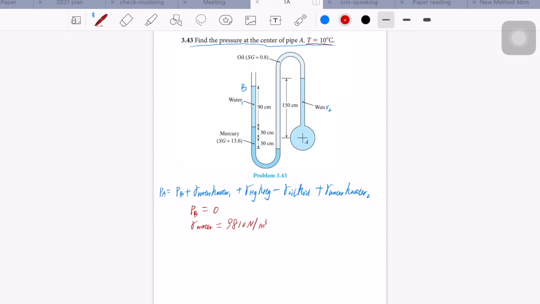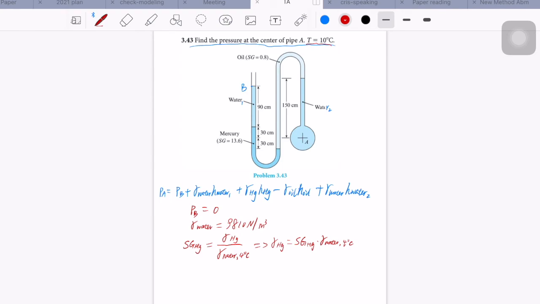And we know the specific gravity of mercury, Sg mercury, is equal to gamma mercury over gamma water at 4 degrees Celsius. So we can determine that gamma mercury should be equal to Sg mercury times gamma water at 4 degrees Celsius.